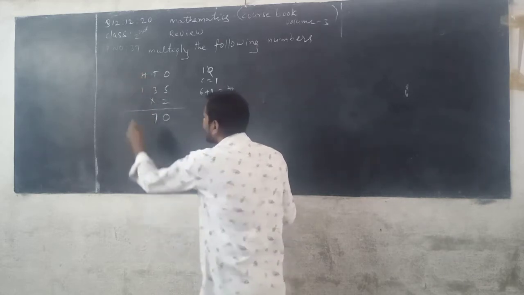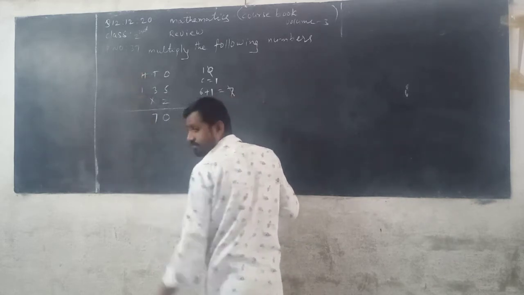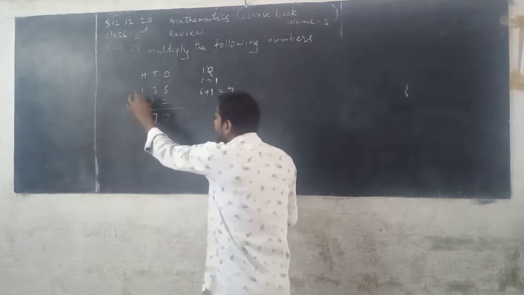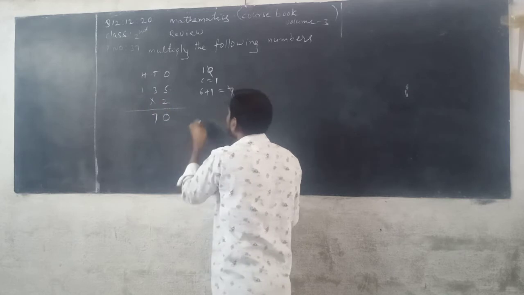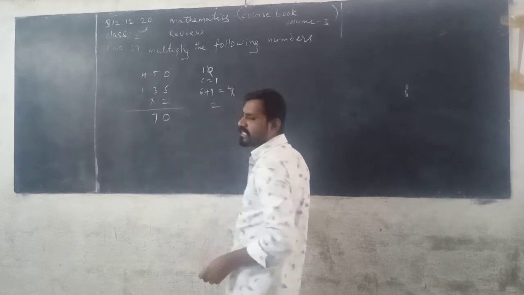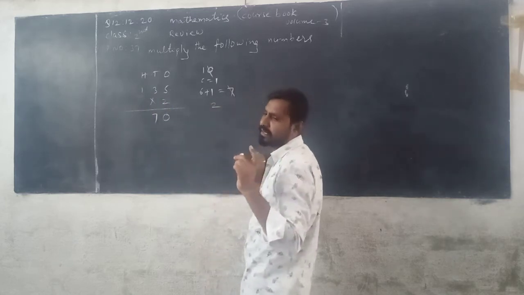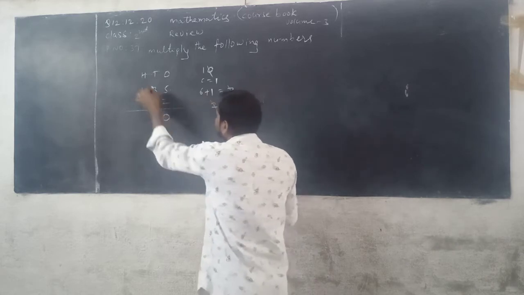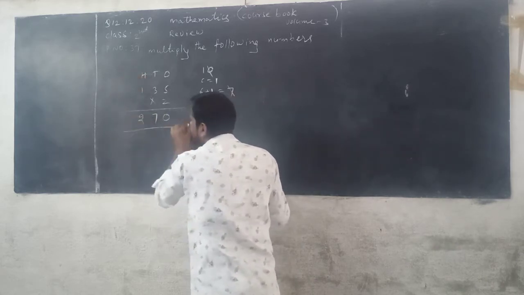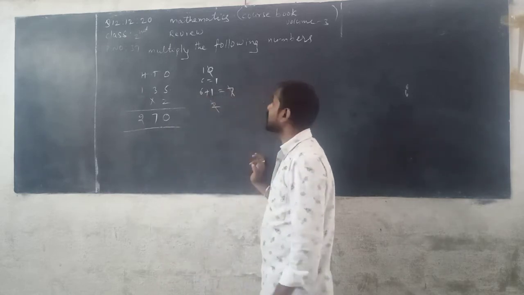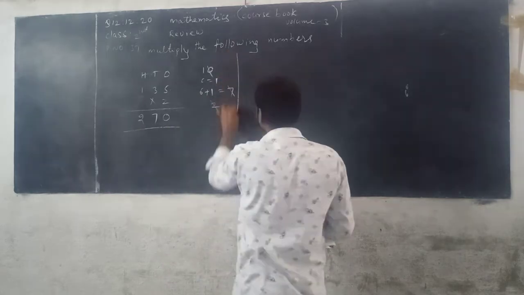The hundreds place digit is 1. 1 is multiplied by 2. You need the 2 table: 2 ones are 2. 2 is a 1-digit number, so write 2 directly as the product of the hundreds place column. Then the product is equal to 270.